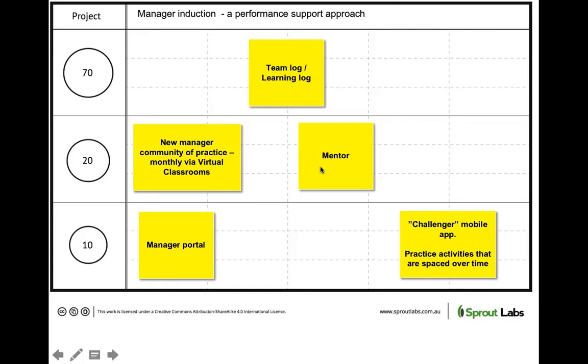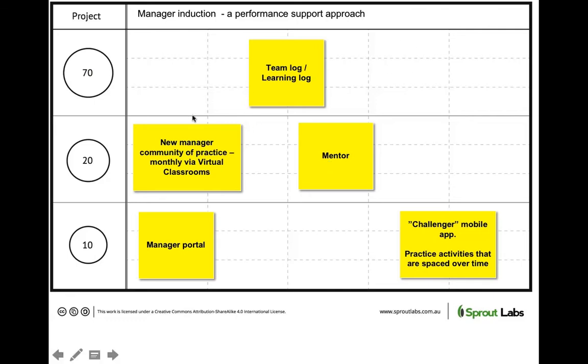One thing that a lot of organizations already do is offer new managers mentors, and this is a really powerful spot to be in. The mentor and mentee relationships sometimes form naturally as well. It's one of those beautiful on-the-job learning experiences to see.